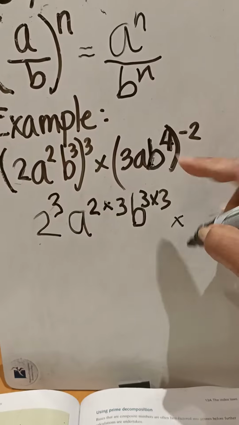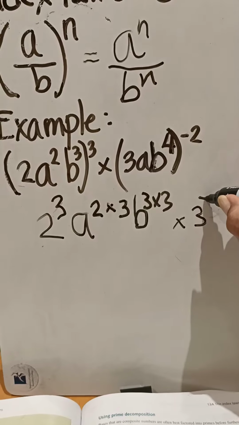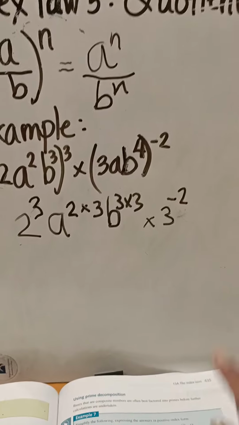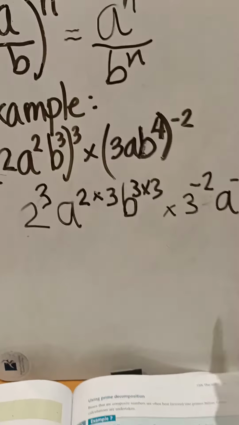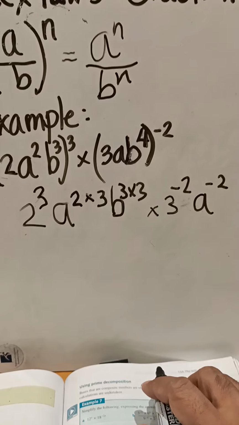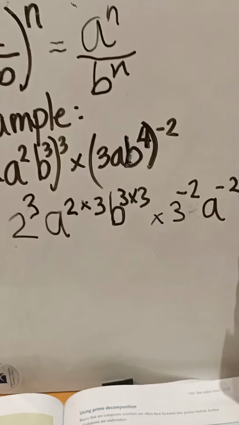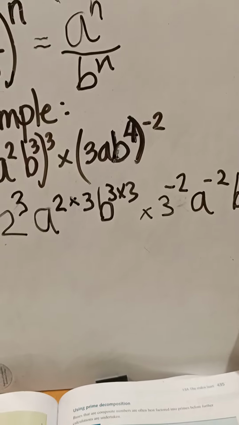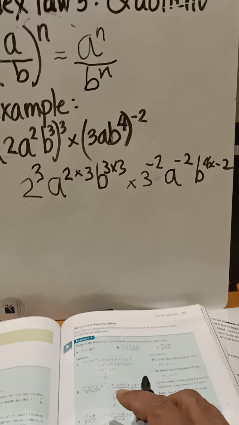Times 3 is raised to the power of -2, so that should be 3 to the -2. A raised to the power of -2. And then times 1 here, you don't have to write it, and then b raised to the power of 4 times -2. So I hope everyone follows.